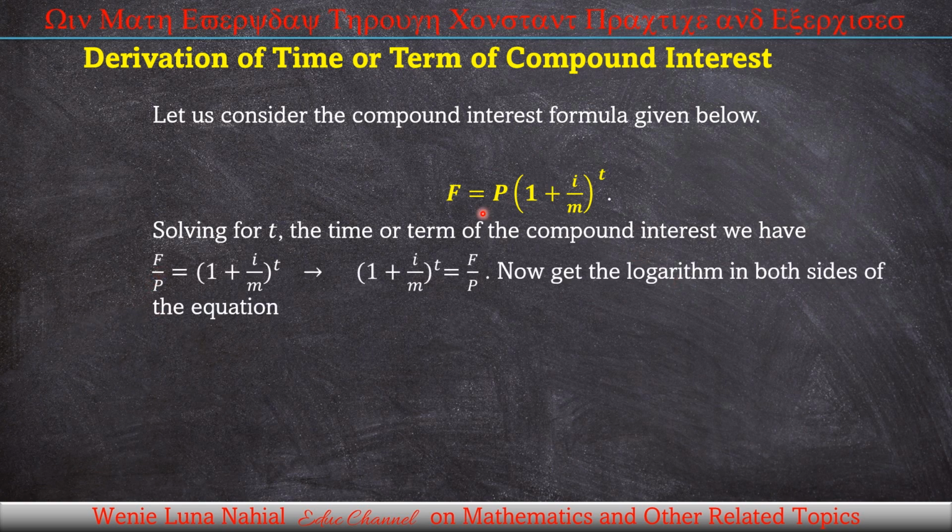So we divide both sides of this equation by P. So we get F over P equals the quantity 1 plus i over m raised to t. So what we have here, we interchange: we bring the term at the left to the right, and the quantity at the right, we have it at the left.